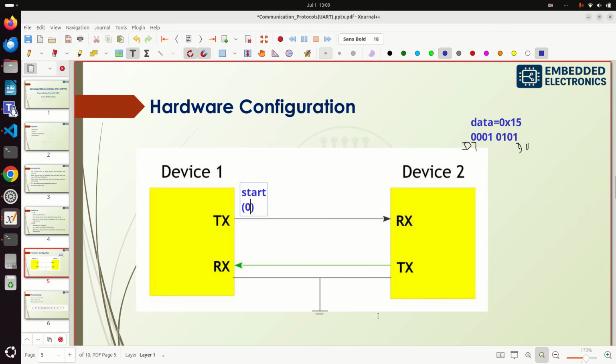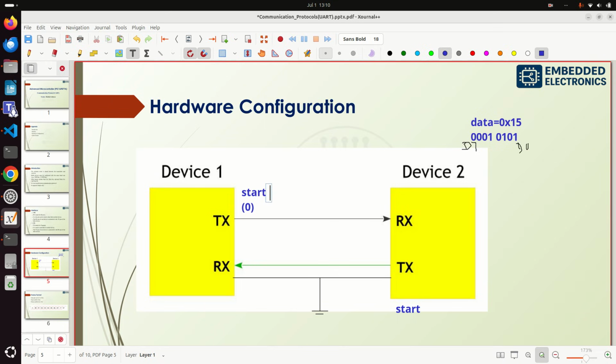When it receives the start bit, it understands. After the start bit is transmitted, the data is transmitted. Here we have data D0 to D7, and data is transmitted from the LSB, which is D0.